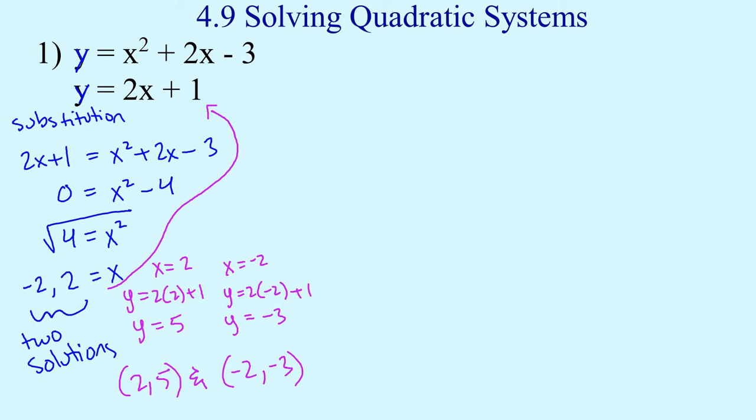All right, another way of doing this is you could use the idea of elimination, okay? But you have to eliminate y. It only works with y. Because if you try to eliminate your x's, you have to eliminate both the x squared and the x, and it's too complicated.